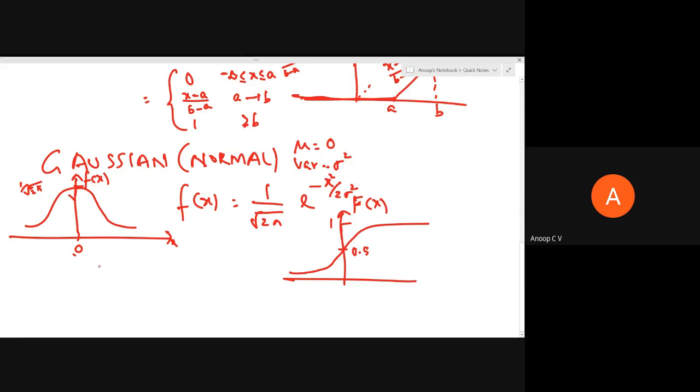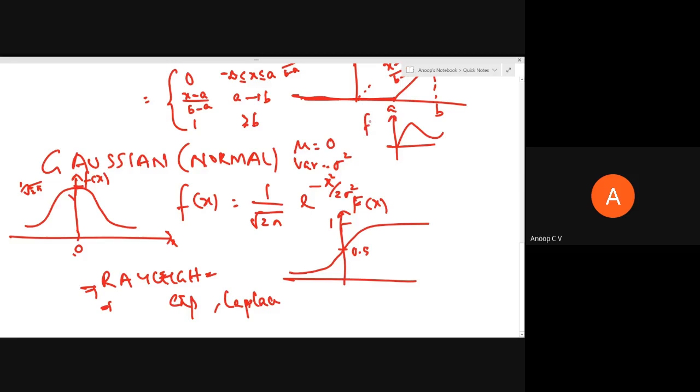Similarly, I request you to find it for a Rayleigh distribution, and if it is an exponential distribution or Laplace distribution, what will be the case? If you can just have a look. Because we have to finish the entire thing in one session, I'm not discussing all of these, but if it is a Rayleigh distribution, it will be something like this.